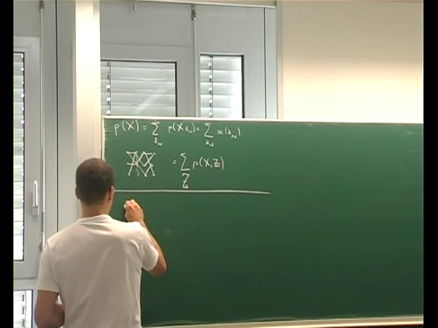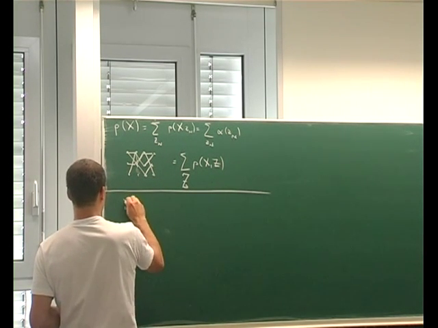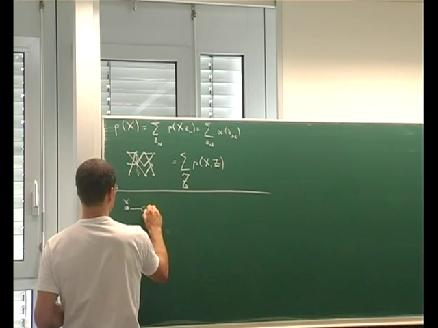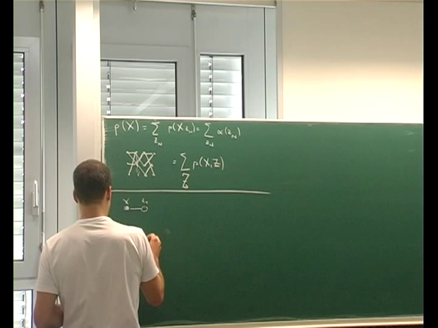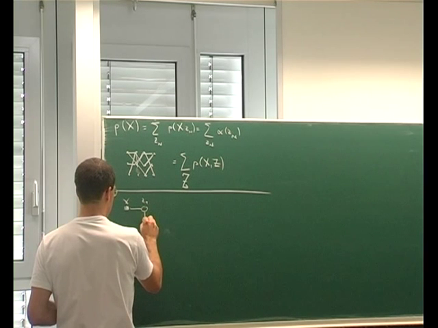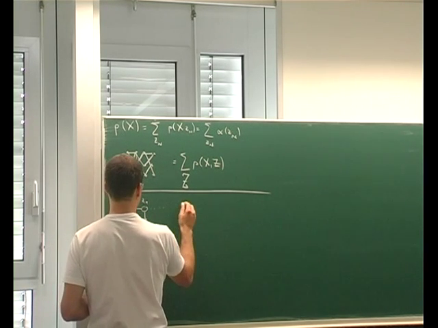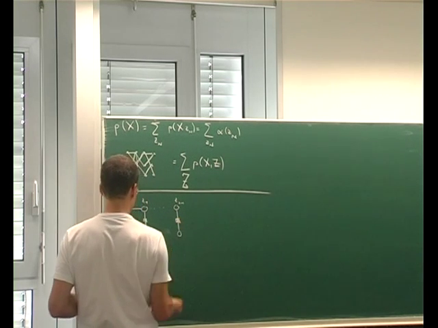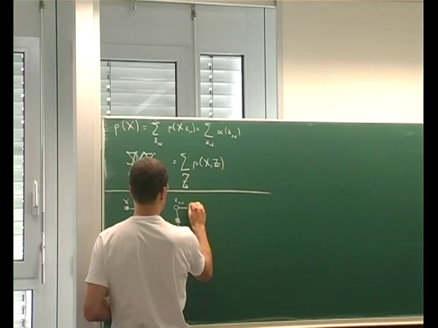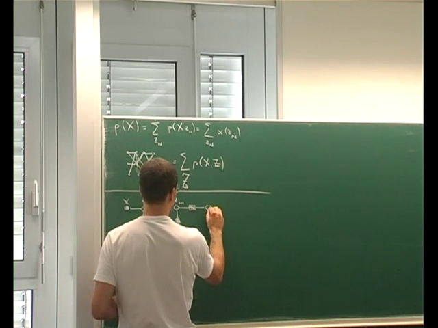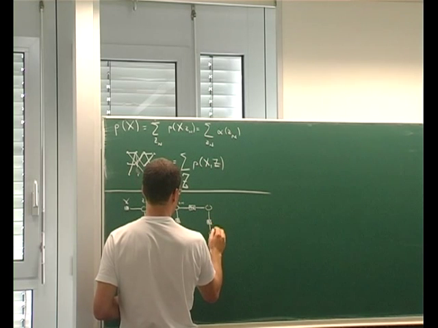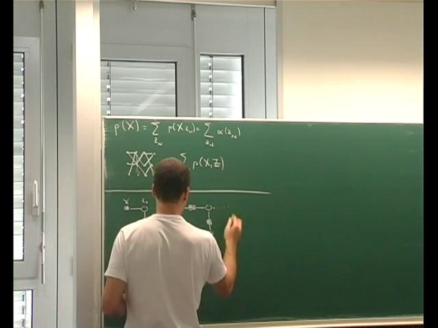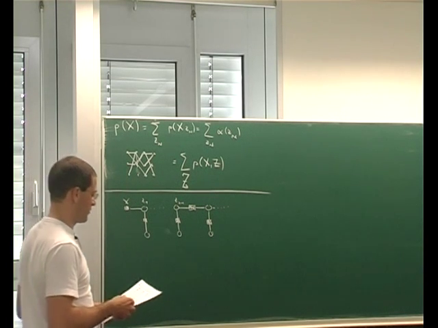So I'm drawing the factor graph of the hidden Markov model, using the recipe that we saw earlier today.